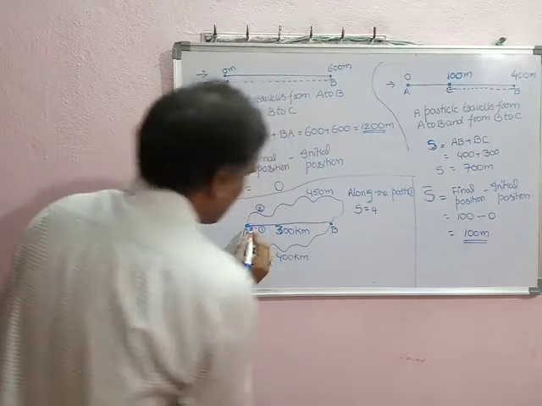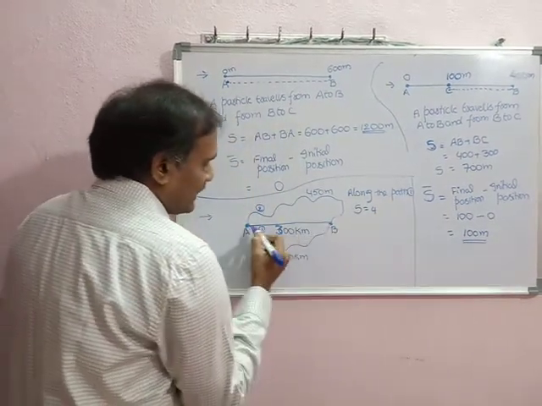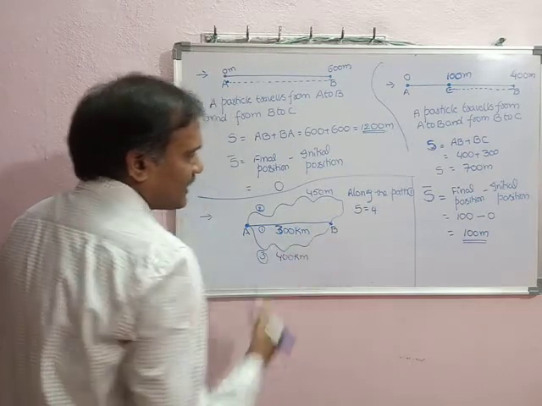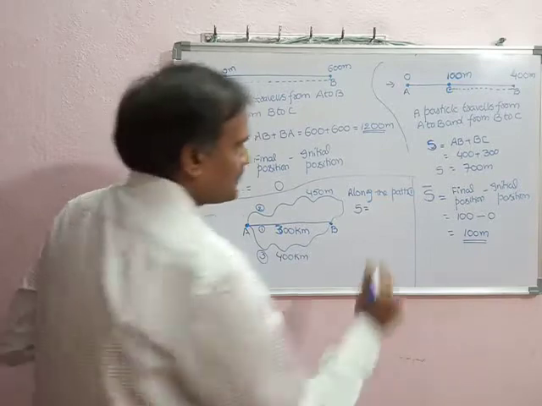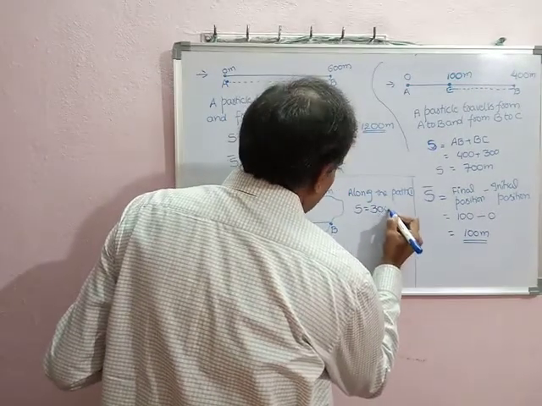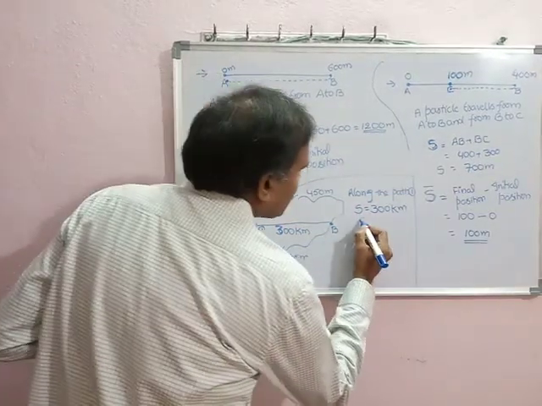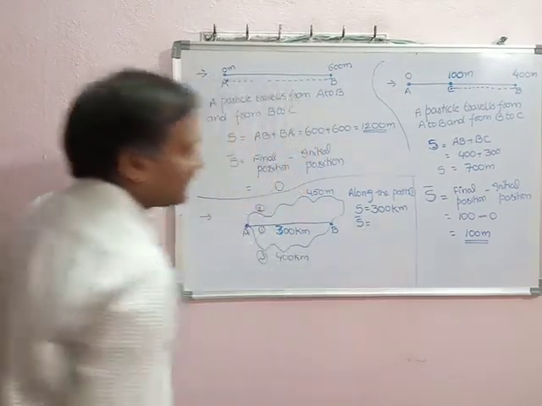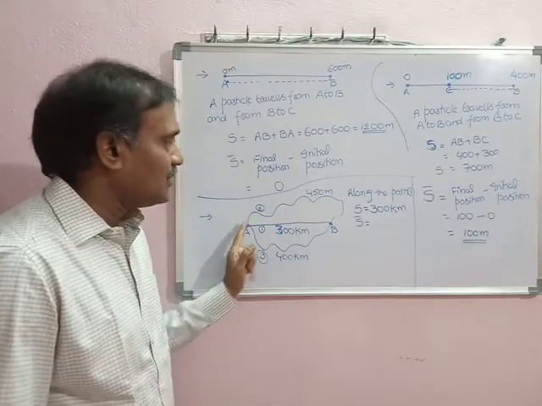Along the path 1, I am sorry, this is the path 1. Its actual length of the path traveled by the particle is 300 kilometers. Exactly, it is equal to 300 kilometers. What is displacement? Displacement means final position minus initial position.